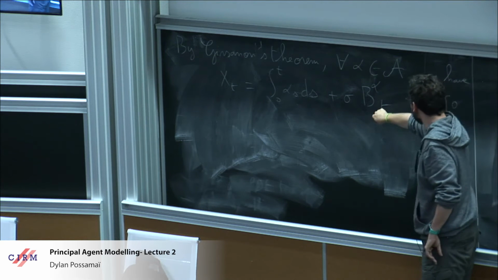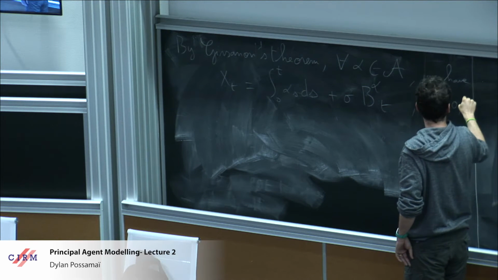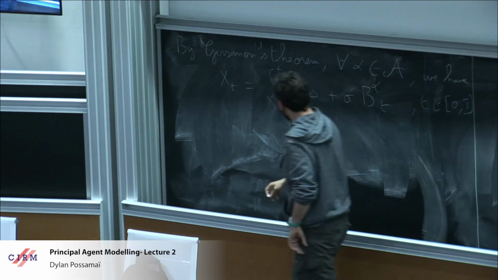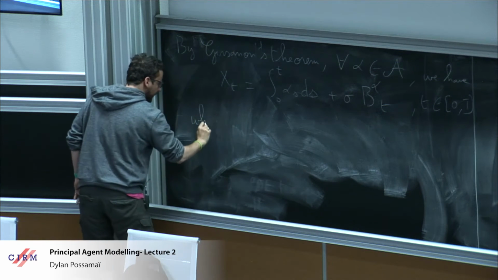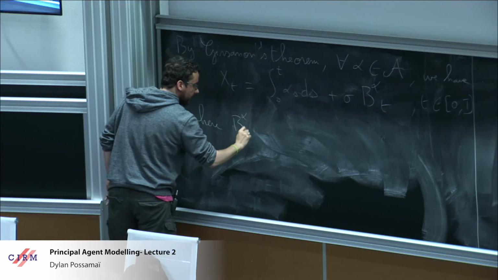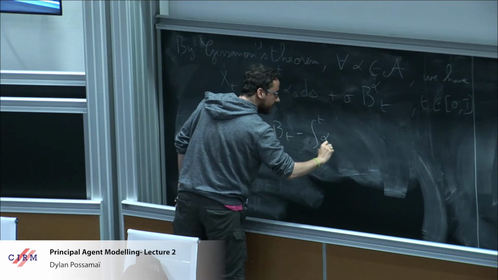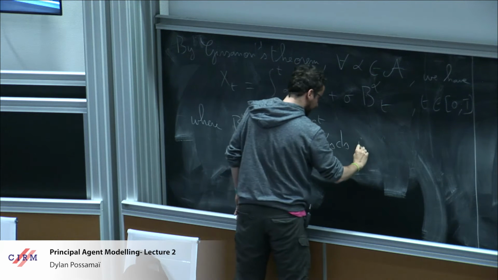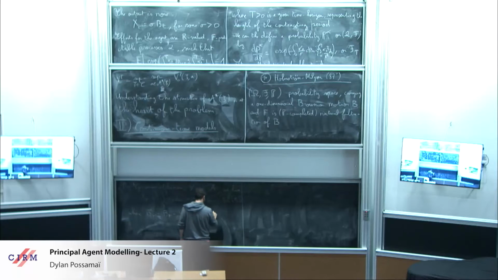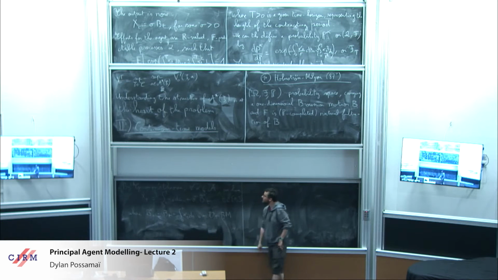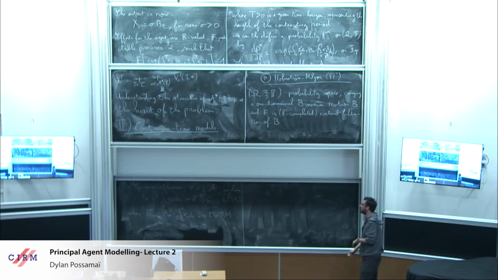So now this is a Brownian motion here, B alpha. And B alpha is simply the original B minus the integral of the drift. And we know that B alpha here is a P alpha Brownian motion, right? So that does exactly what I wanted.